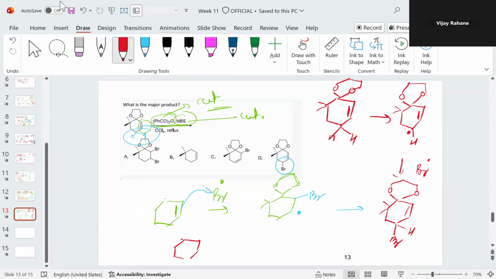We still need to check the actual accurate answer for this one. How does the mechanism go? Because we are organic chemists, we need to identify the mechanism behind each and every step.